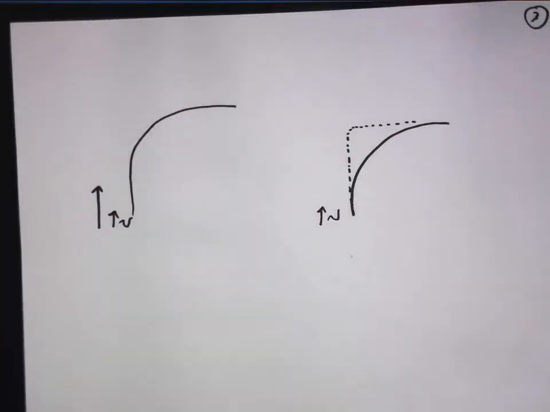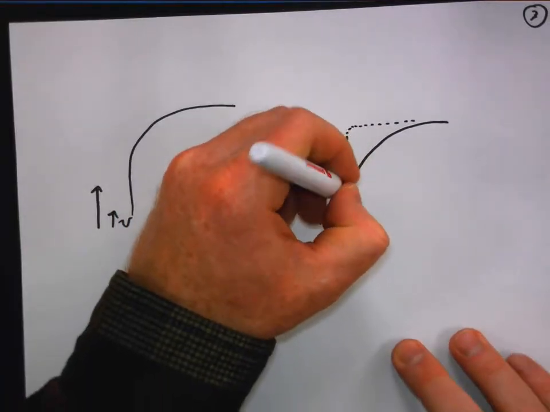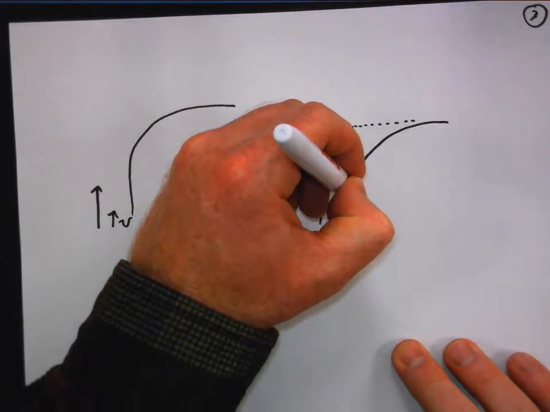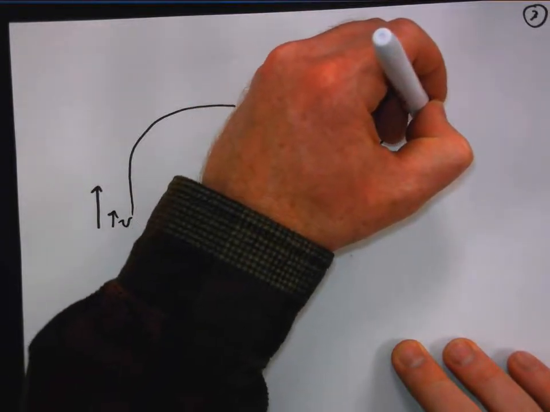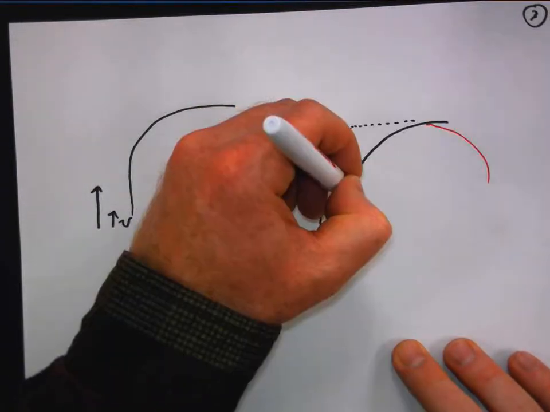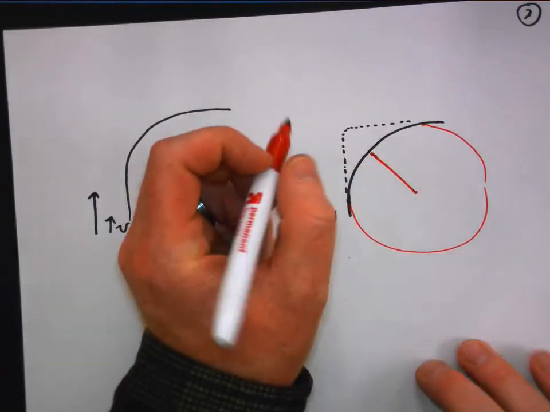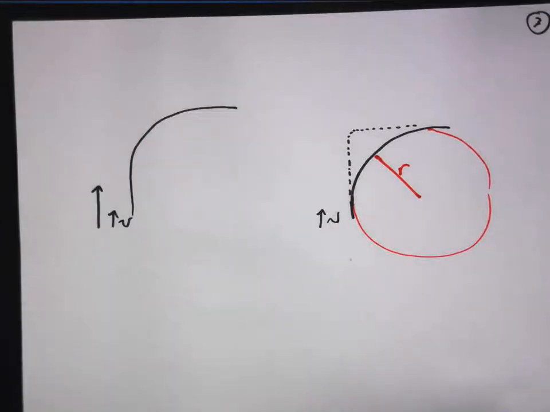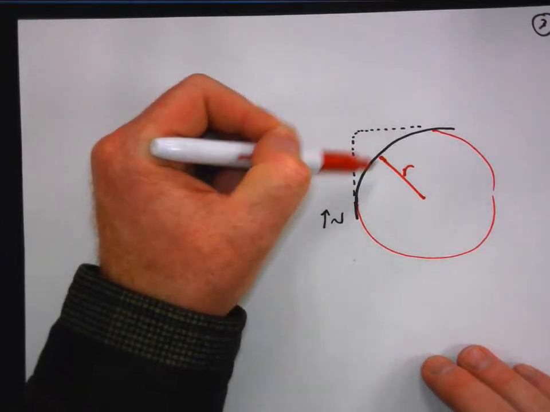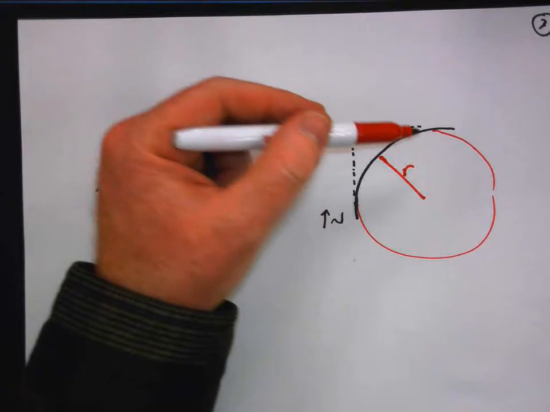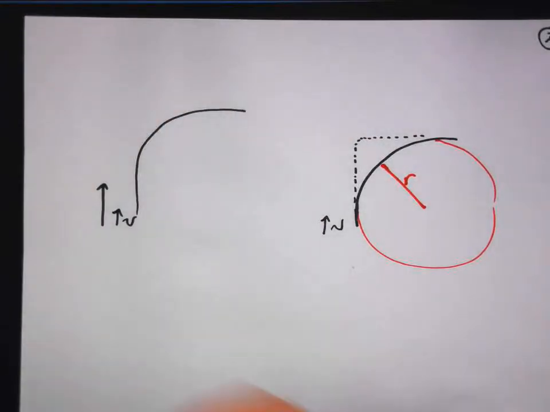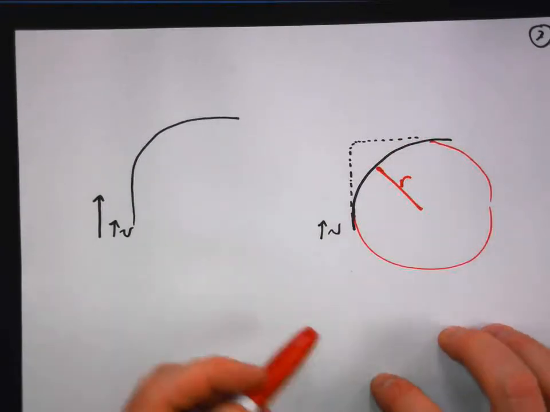Really what's happening here is we're taking this, and there is a radius there. This part of the turn is part of a circle, and we have a circular pathway. There's a radius to every circle.